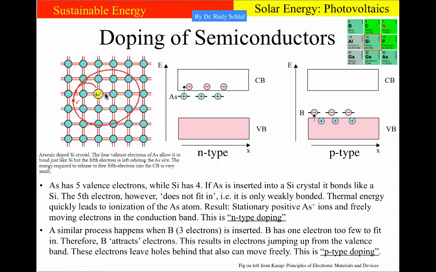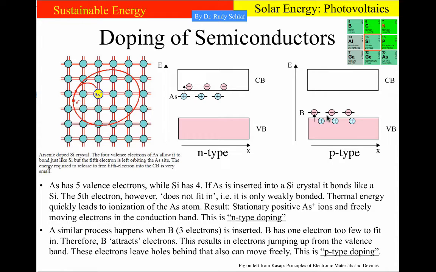But that means, since the boron has 1 fewer proton than the silicon in its nucleus, that the boron is becoming negatively charged. And so we have this scenario. We have a negative charge that sits on the boron and it is stationary, and in the crystal we have a missing electron somewhere, and this is a hole.